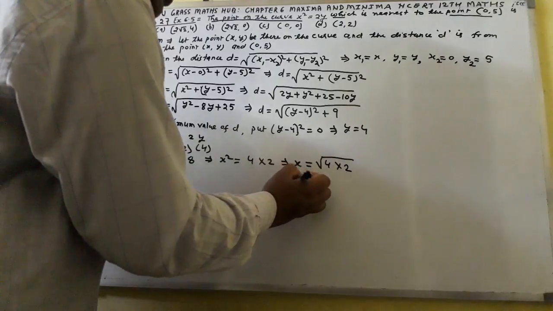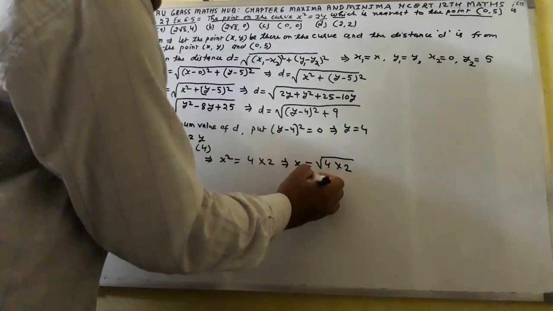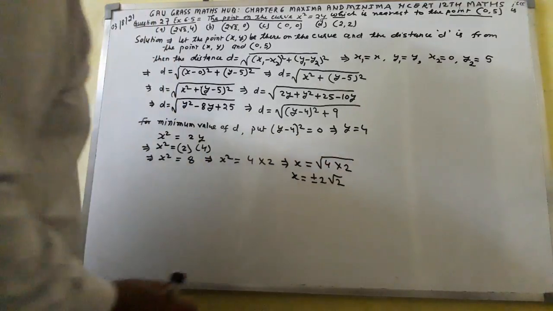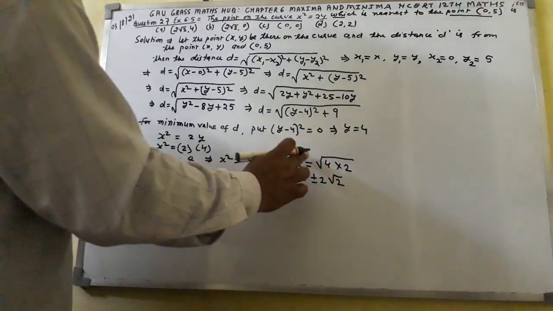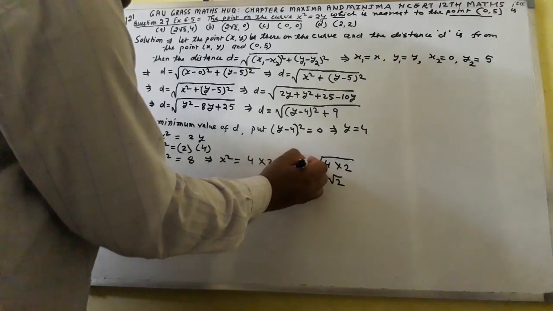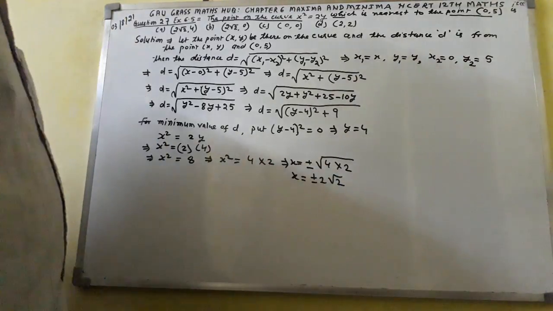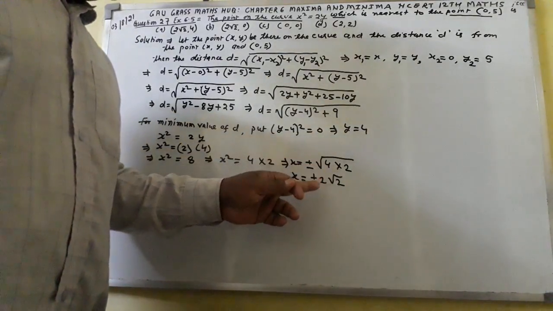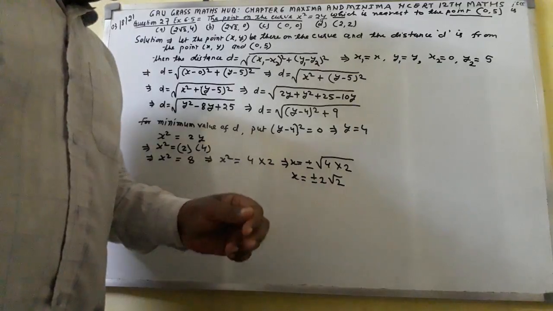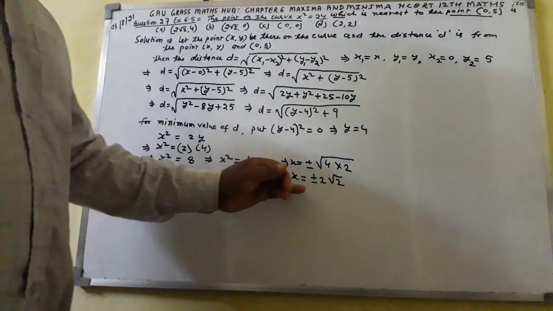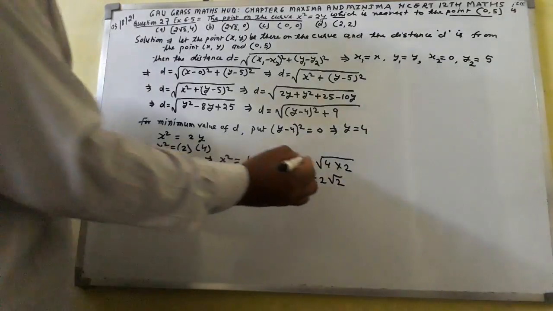We will get x equal to plus minus 2 under root 2. Under root 4 gives 2. Here under root 2 I have written. The value of x we have got is plus minus 2 under root 2.